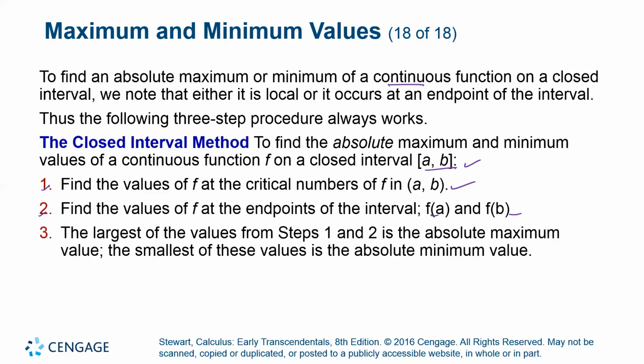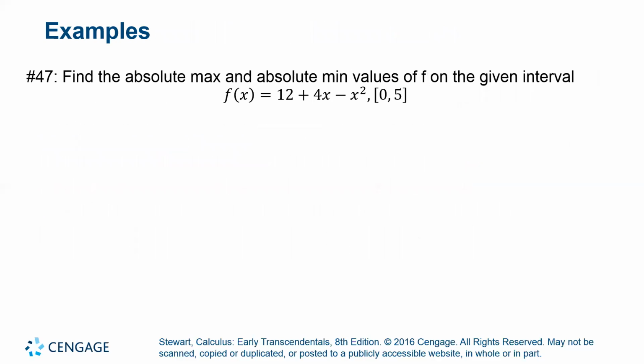So here is an example. This is a polynomial function defined over the closed interval 0, 5. All that we need to do is step 1 of what we just said: find your critical values and evaluate at those points. So I'm going to find just the critical values. Differentiate this and set it to 0.